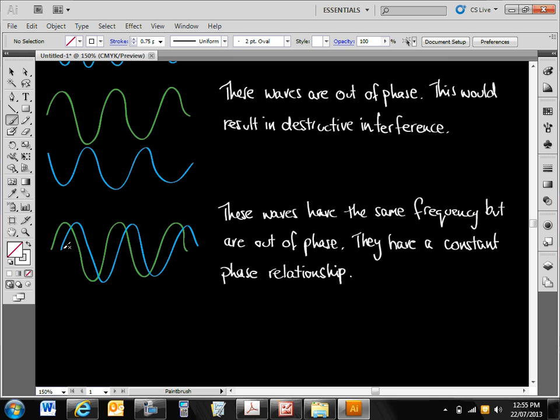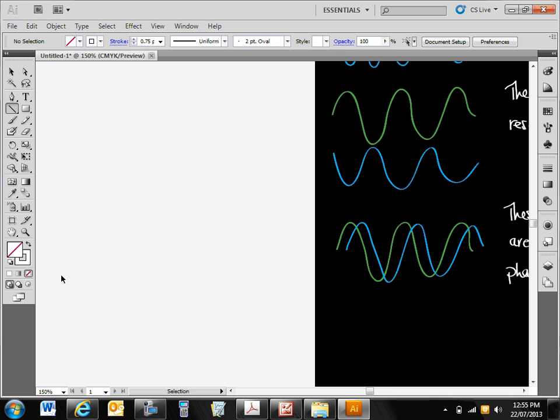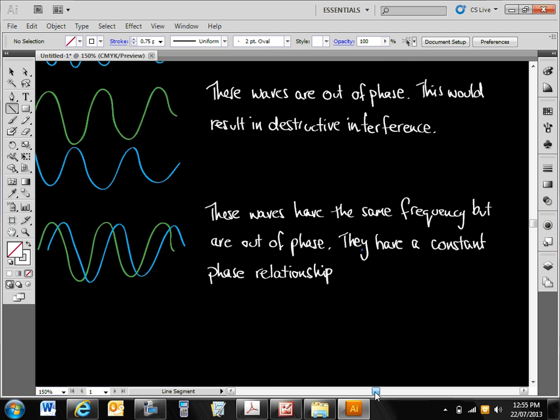Constant phase relationship means we choose any point in time. So imagine that we could draw a graph here. I'll just draw a timeline along here.